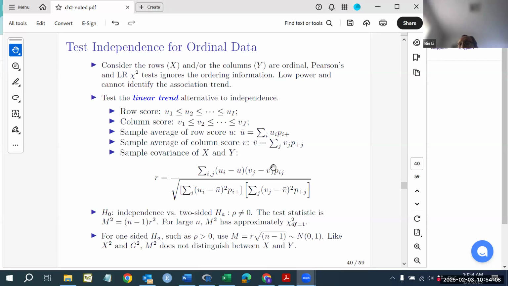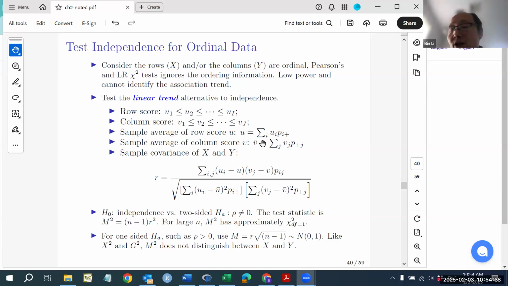So let's see if we can do the linear trend test. Since X is ordinal, we need to assign some scores. This part is the most difficult part because it's subjective. In practice, if you want to test the linear trend and you want to assign the scores, you have to justify why you use that.